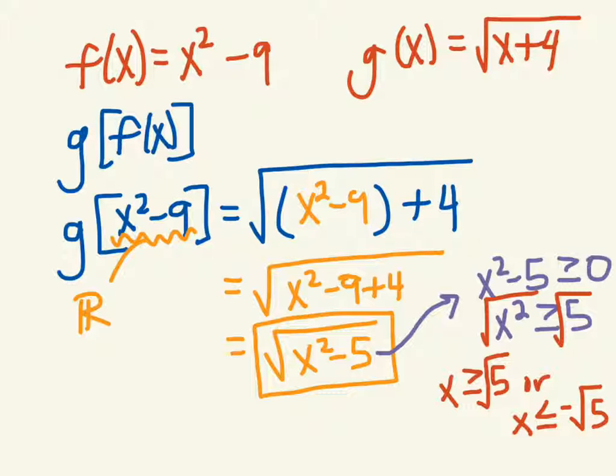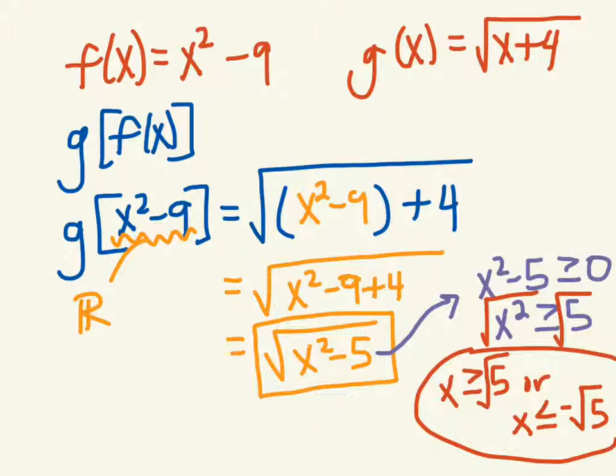Now the reason why we do that is when you take the square root of a number, it could be positive or it could be negative. So it's going to be greater than the positive root. And then keep in mind, like when you did solving inequalities, when you divide or multiply by a negative, you have to flip the sign of the inequality. This is kind of the same thing. So this is going to be your domain.